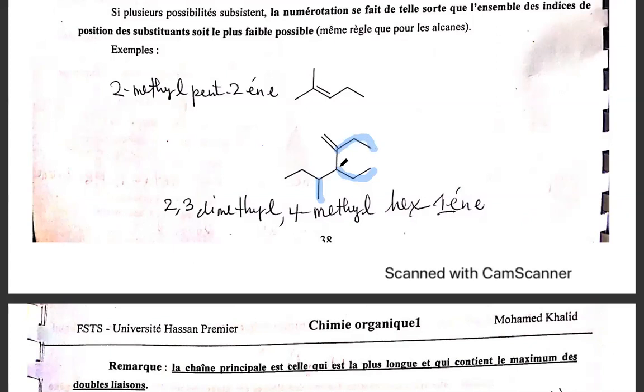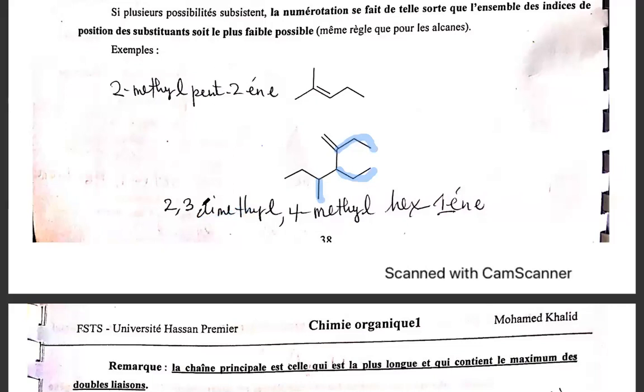And position number 3, we have another ethyl there. At position number 4, we have a methyl. Rule number 5 states we are supposed to use the multiplication factors. Now we have 2 ethyls that are repeating, at position number 2 and position number 3, and we are calling them di.